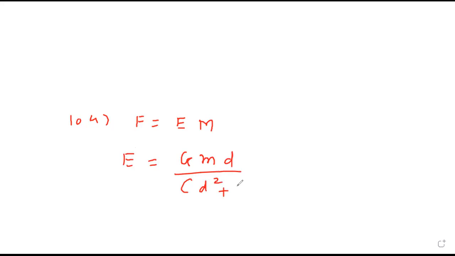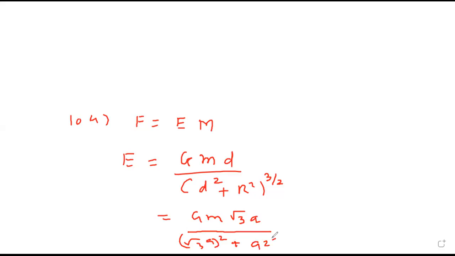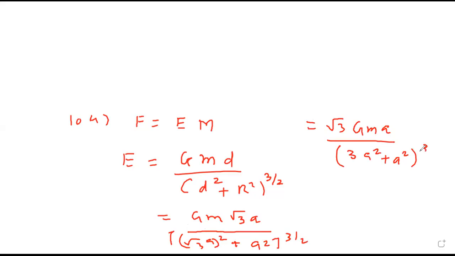Yes, d square plus R square raised to 3 by 2. So G M times distance d, which is root 3 a, upon root 3 a the whole square plus a square raised to 3 by 2. So root 3 G M a upon 3a square plus a square raised to 3 by 2.